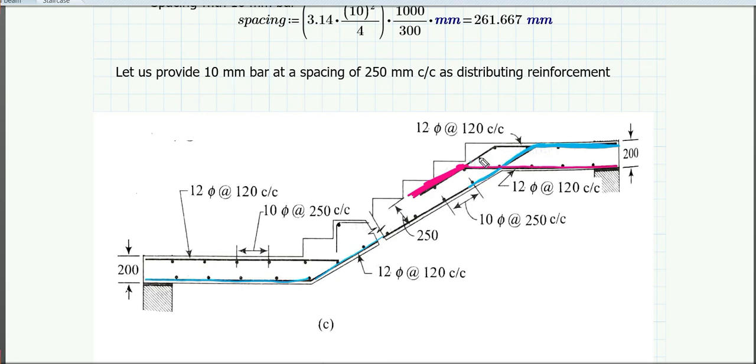And this is another bar which is provided separately, and here also you can see this will go and end over here. So this is how basically the reinforcement is done for a waist type of staircase.